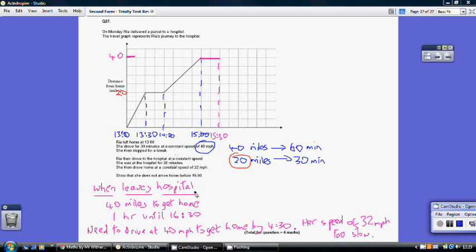She would have to be going at 40 miles per hour to get home by 4:30, but we're told that she drives at 32 miles per hour. So clearly she does not arrive home before 4:30.